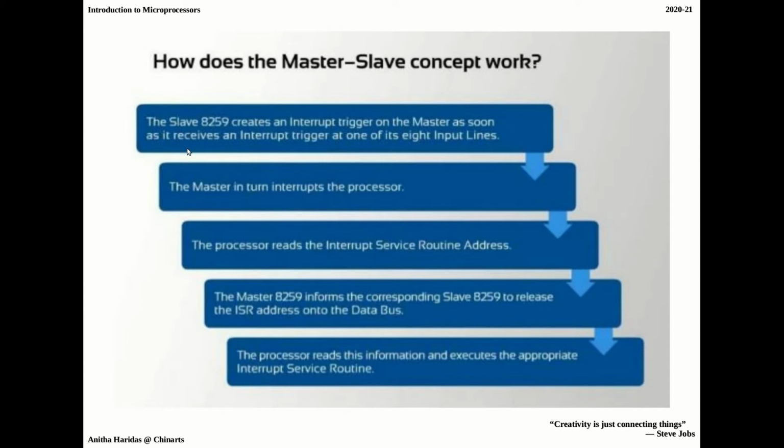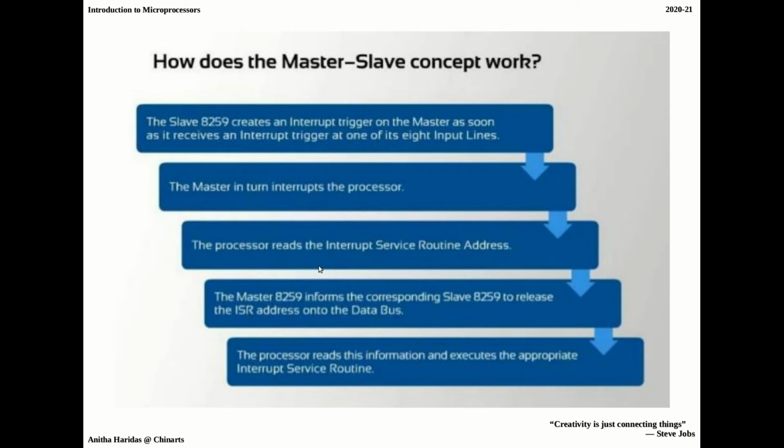So you have a master 8259A connected to a slave 8259A. The slave will be connected to the input output devices, so the devices will send the request to the slave. Then the slave will create the interrupt trigger on the master, and the master in turn will interrupt the processor.